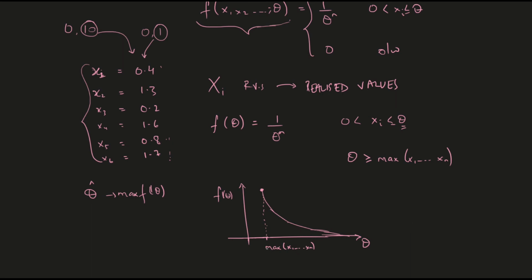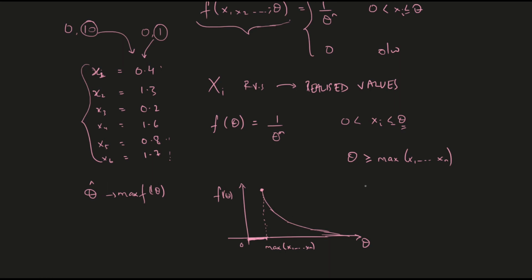If it were smaller than one of the realized values, it just cannot be. So the likelihood function would just be 0 if theta were less than the maximum of the realized values of all these random variables.